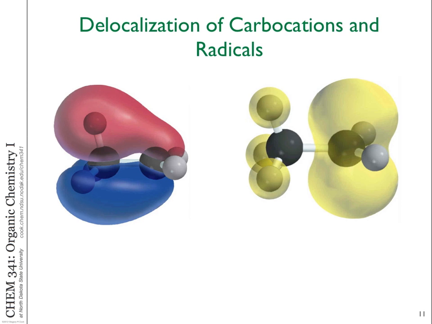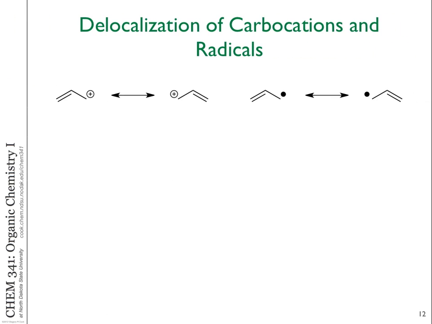We talked a lot before about lone pairs and negative charges, that those charges are stabilized by delocalizing through resonance, right? The same is true for both radicals and carbocations. So if you take a look at these 2 examples, if we have a carbocation adjacent to a double bond, the charge of that empty orbital, that electron deficiency is actually spread out, and we can draw 2 resonance forms.